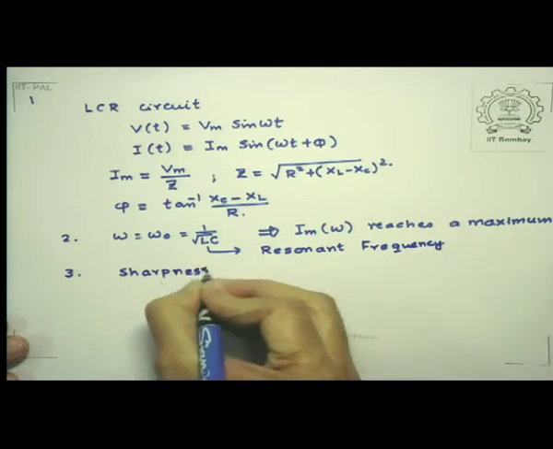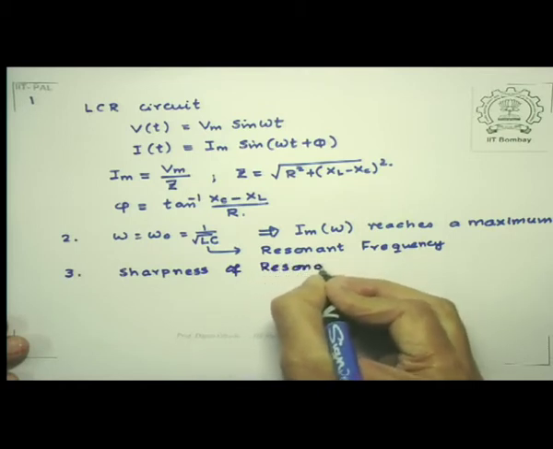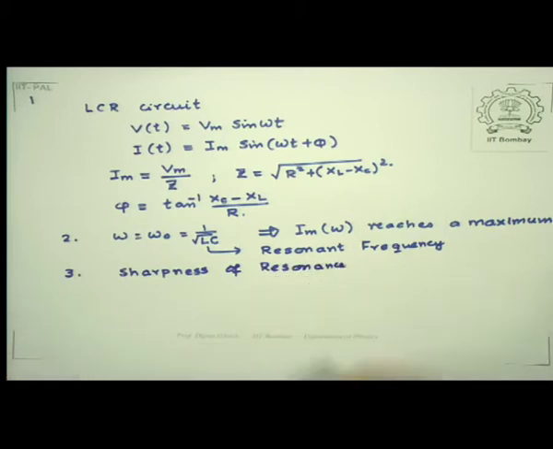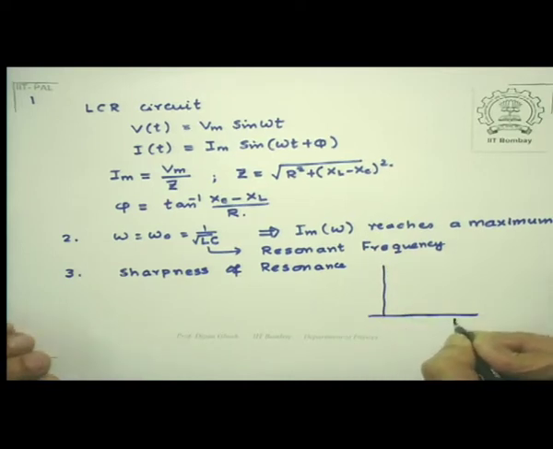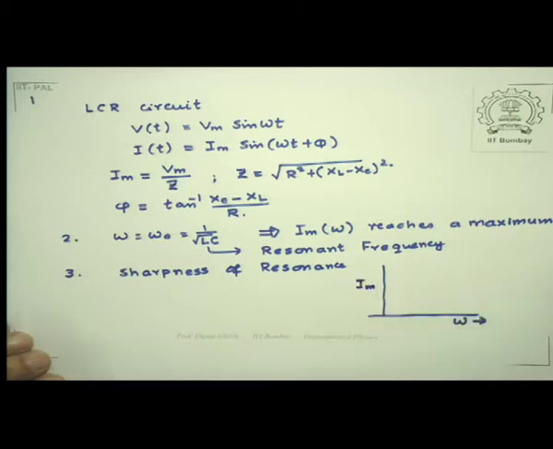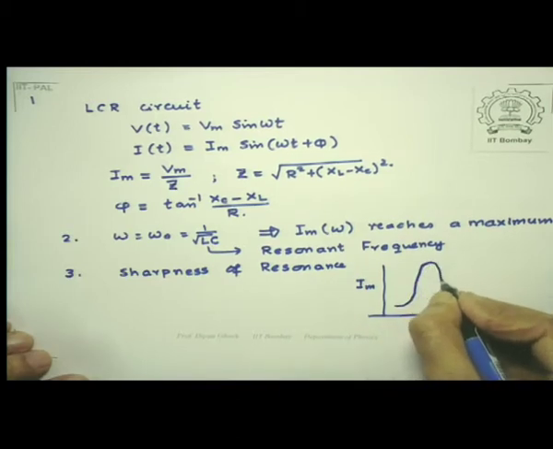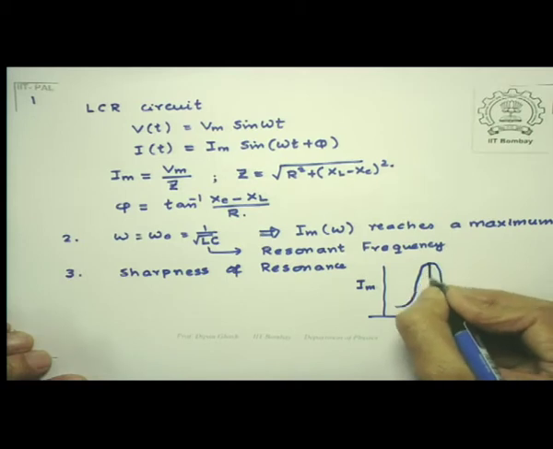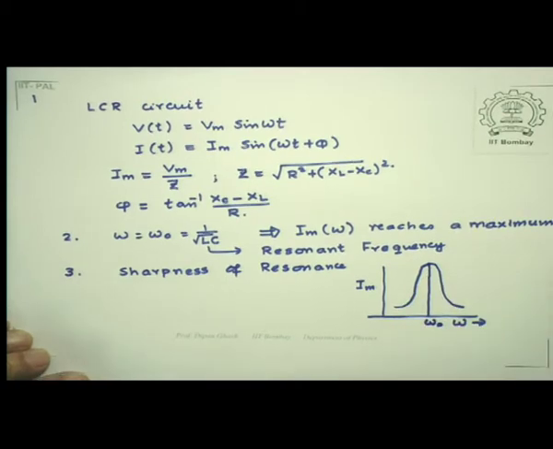Sharpness of resonance. So this is done by looking at the current versus the angular frequency curve. So Im being plotted against the angular frequency, and we have seen that the type of curve that you can get is something like this, which has a maximum at omega equal to omega 0.